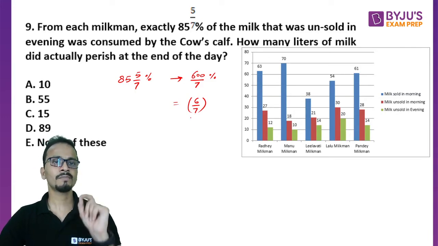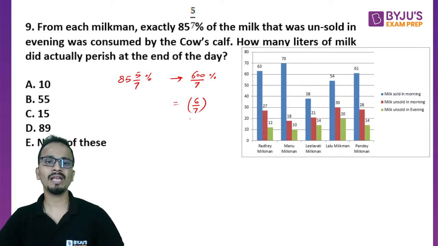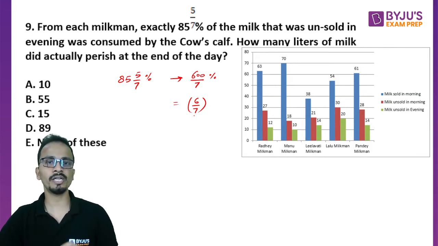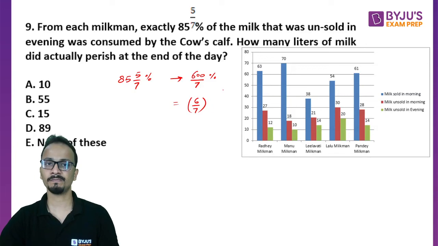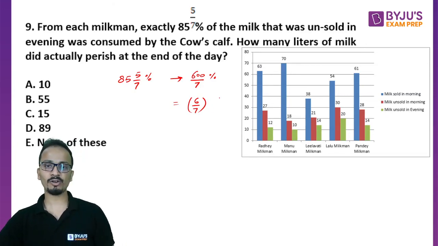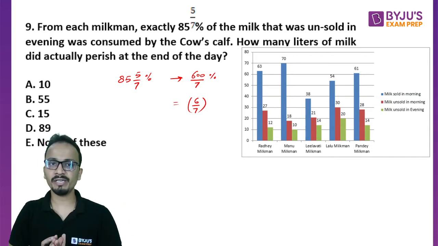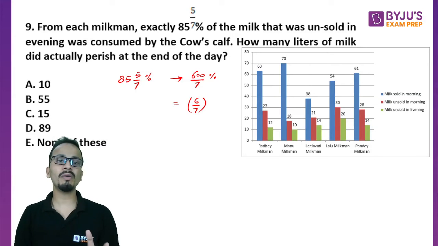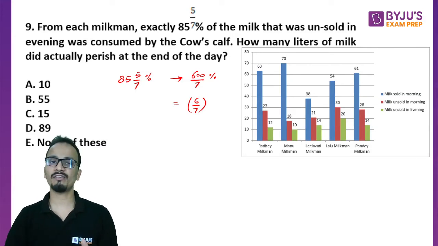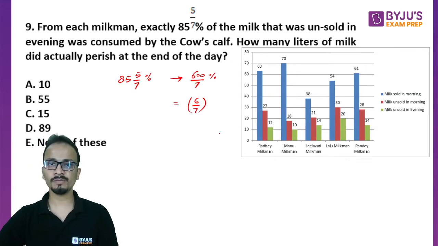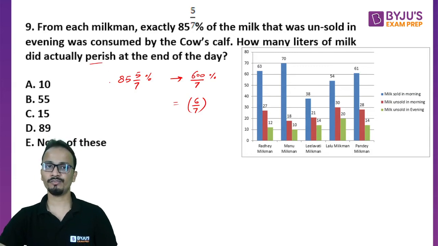So they are saying that for each milkman, 6 by 7th of the milk that was unsold in the evening was consumed by the cow's calf. Okay, so ab kya ho raha hai, jo bhi unsold milk tha evening mein jo kharab ho jata, 6 by 7 of that milk was consumed by the cow's calf. So how many liters of milk did actually perish at the end of the day?